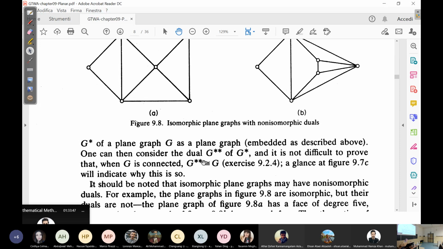Then we can consider the dual G star star of G star, and you can see that G star star is isomorphic to G.